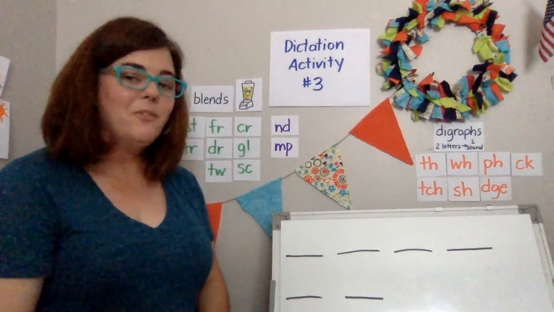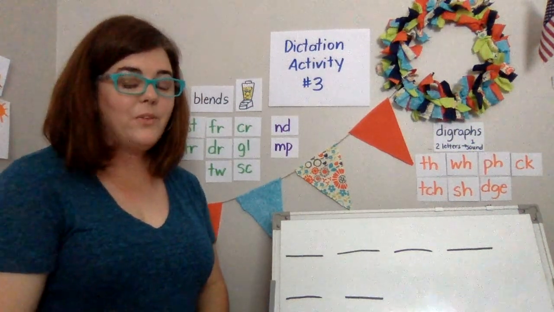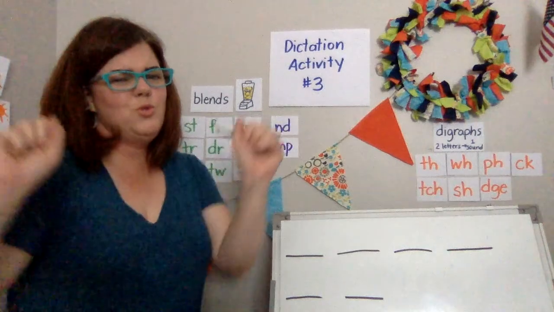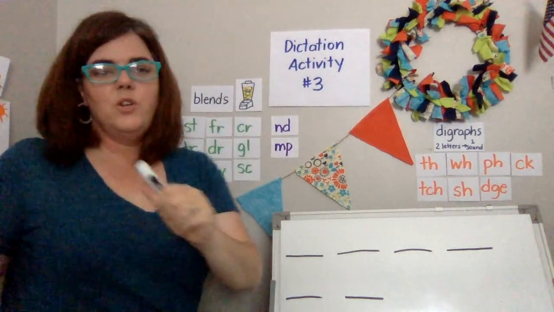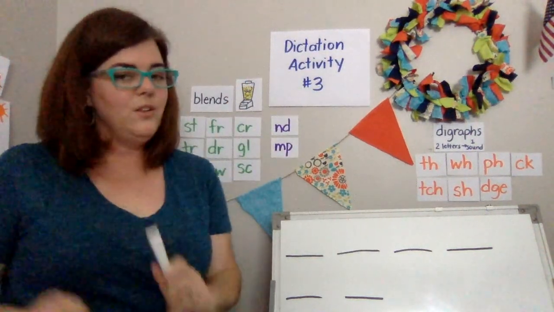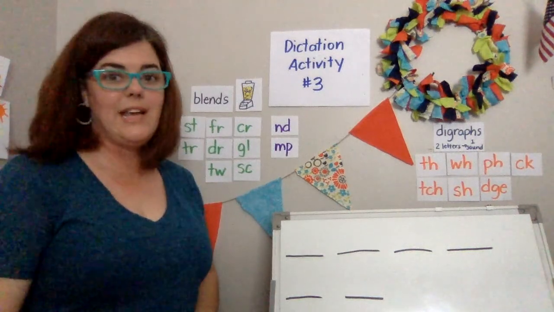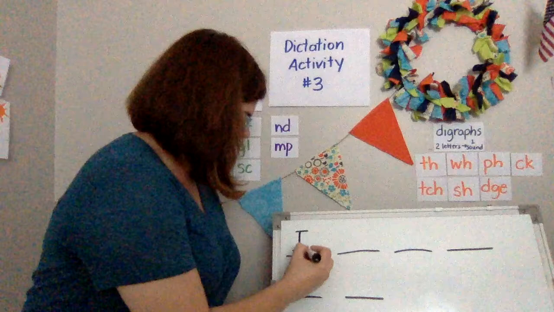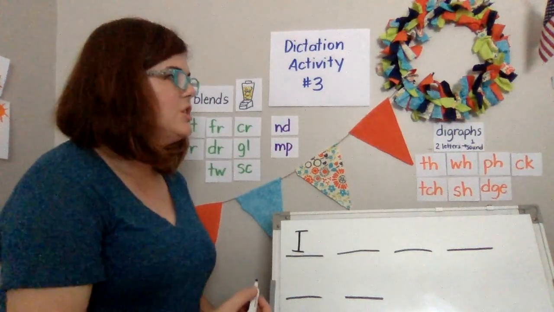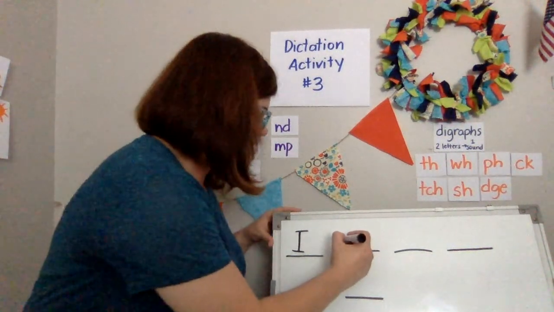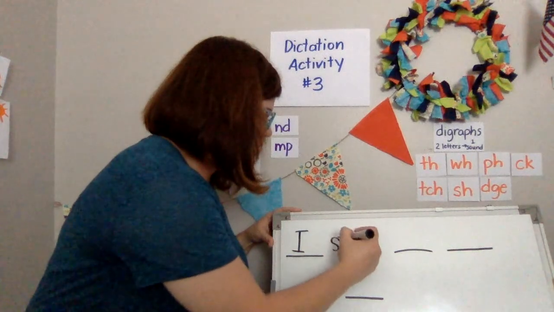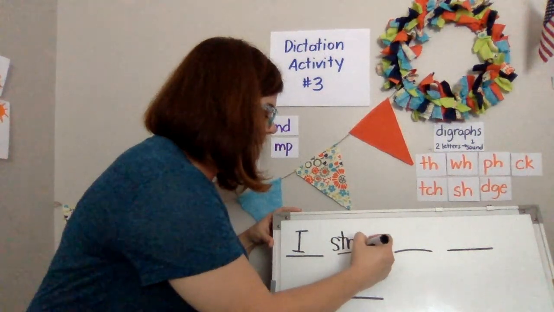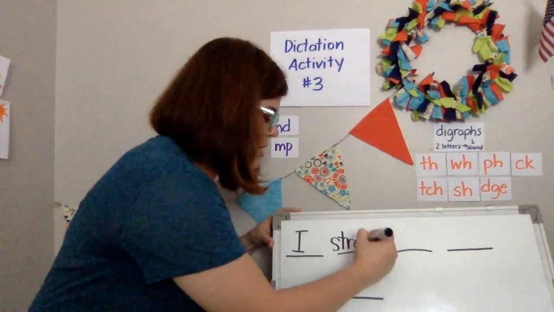All right, you ready to go over this one? Wow, there's some big words in this one. Stretch and twist. You really had to use those thinking caps. Let's see how you did. I stretch. That sounds like a blend. Stretch.